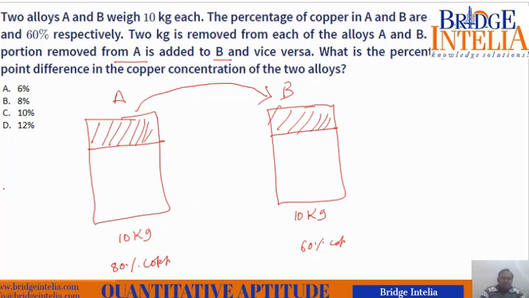So good question. This is the initial condition. Initially you haven't cut it. So let's see, after having replaced the portions, you can visualize the alloys in this way.